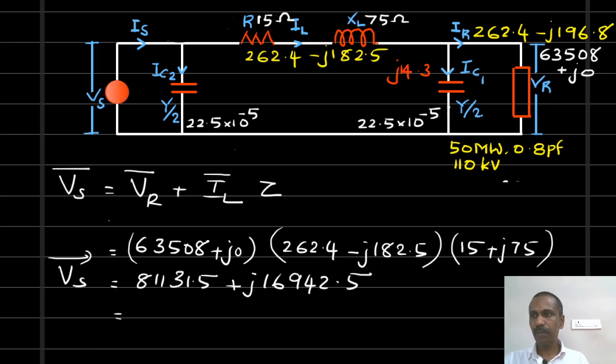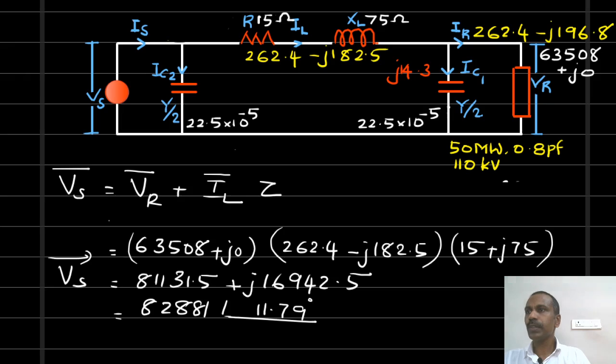In the R theta form, or in the polar form, this is 82881 angle 11.79 degrees. So Vs equals 81131.5 plus J 16942.5.